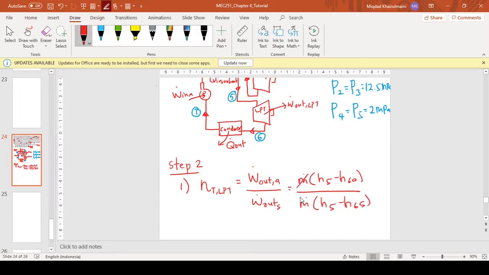So we can cancel out the m dot, and we can find the isentropic efficiency by substituting the values for enthalpy at state 5, the actual enthalpy at state 6, and also the ideal enthalpy at state 6. So this is number 1.